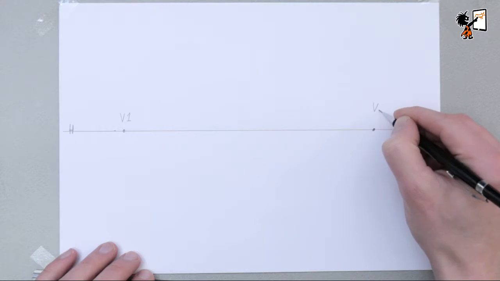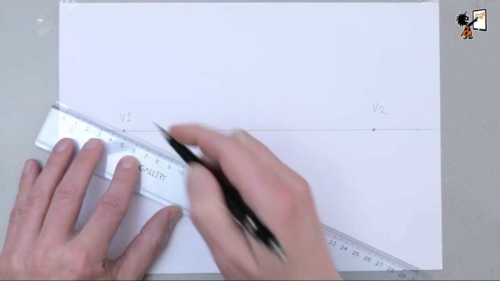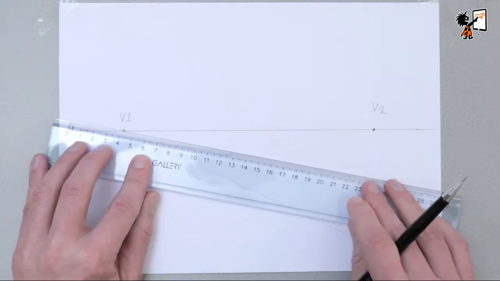Grab your ruler and draw in the perspective guides from vanishing point number 1. Just draw in several lines so you get the feel of the perspective.